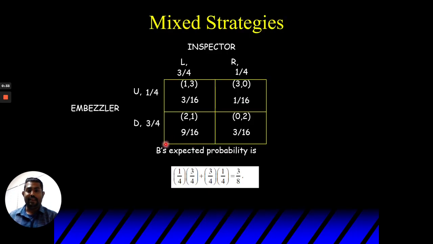That's why you get 1/4 times 3/4 plus 3/4 times 1/4 equals 3/8. So it means that whether MZilla puts it in easy or difficult, we can still find the money.